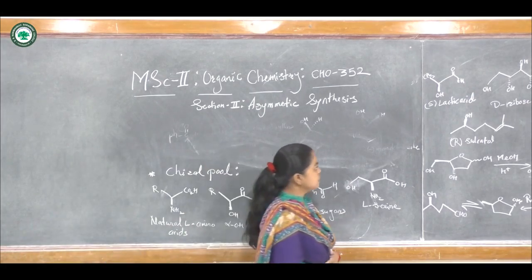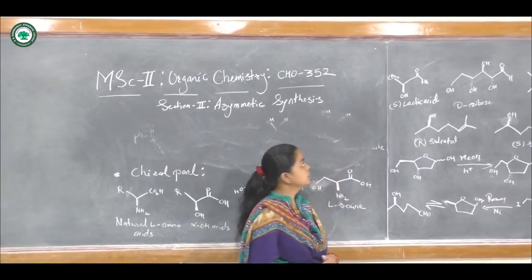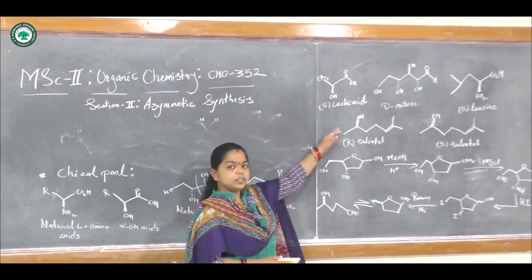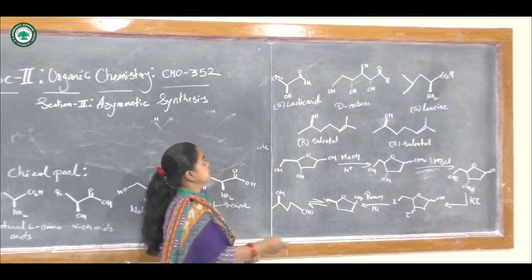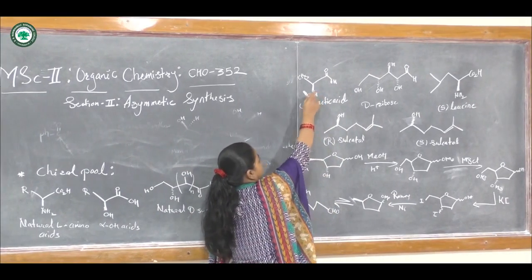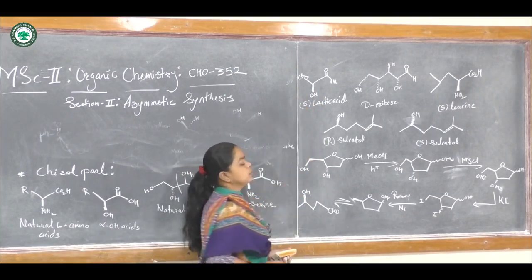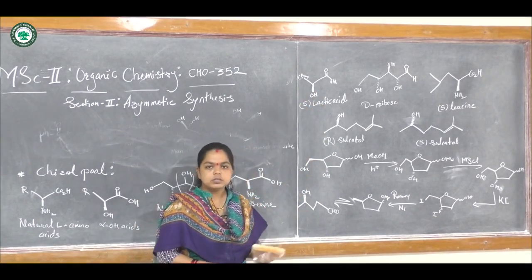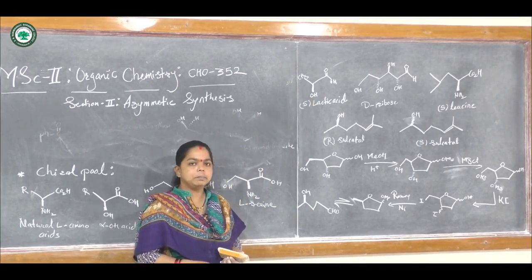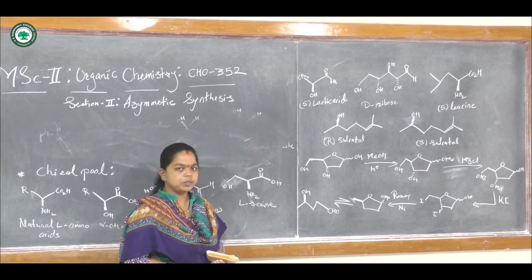Next example is S-lactic acid. S-lactic acid has this structure in which a carboxylic group is present, an OH group is at the alpha position, and a methyl group is present. This is a component of milk, lactic acid.